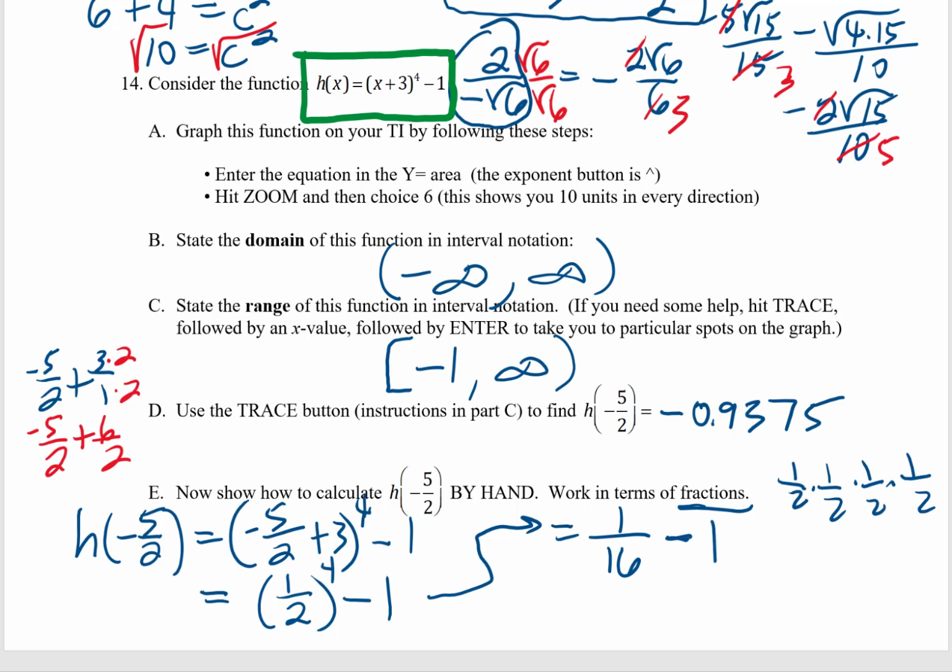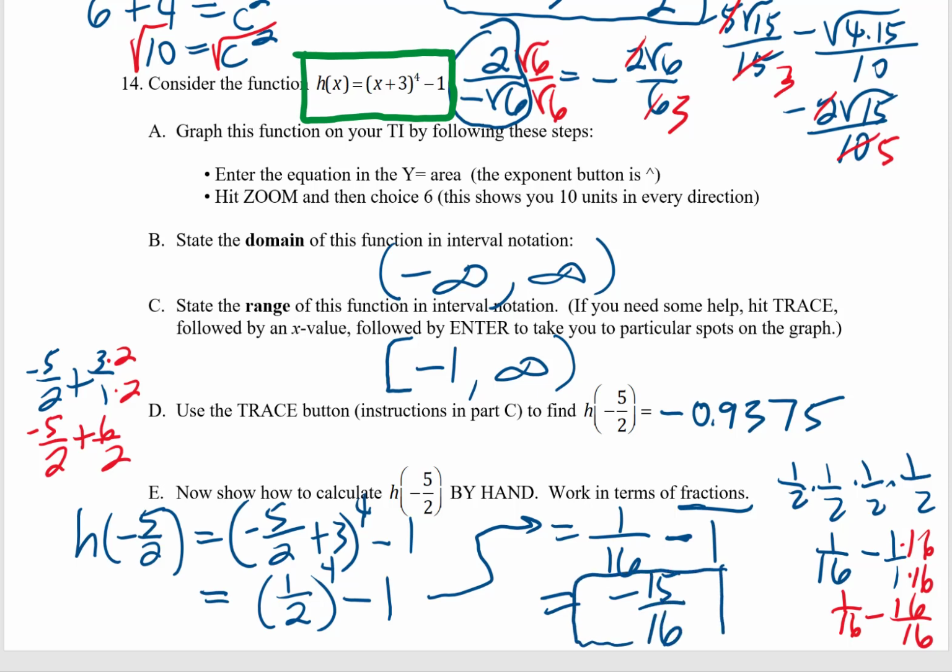Well, again, I'll just write that as 1 over 1. I'll get my common denominator of 16. I'm going to end up here with 1/16 minus 16/16, and that comes out to be negative 15/16.